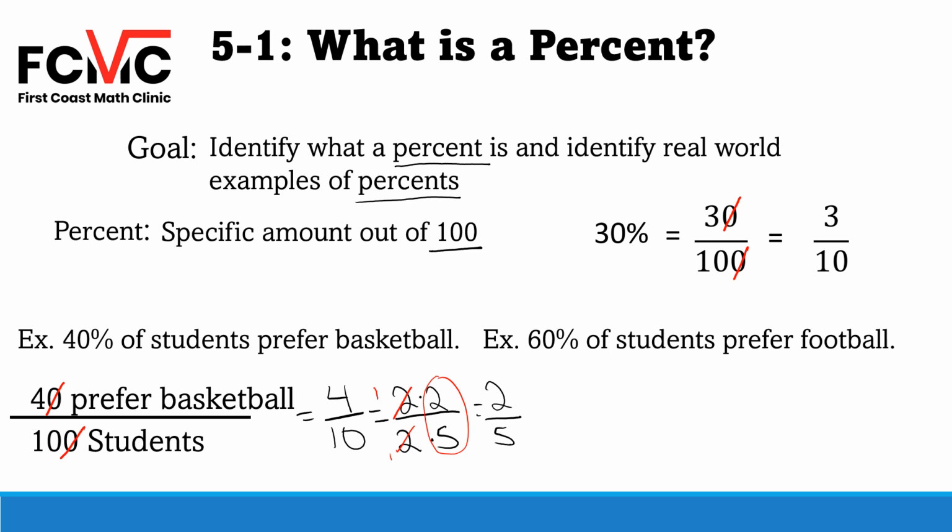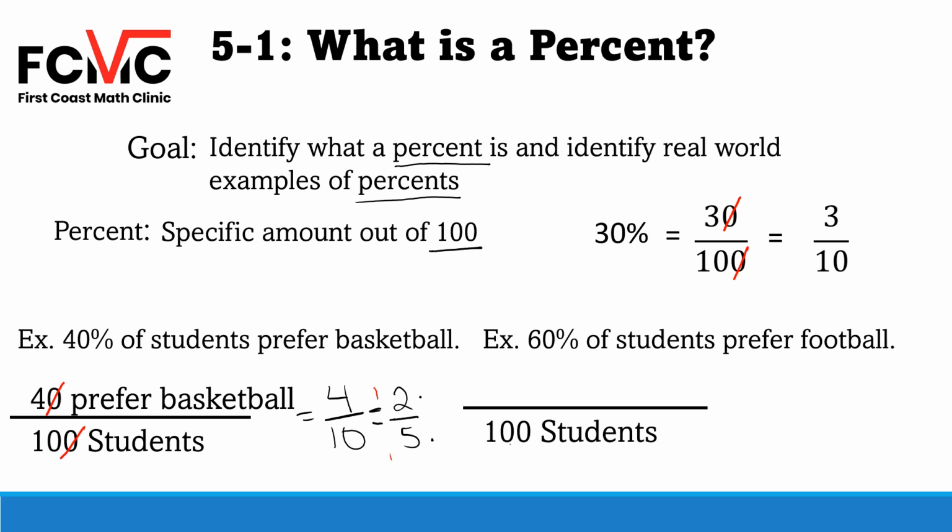And what if we have the example 60% of students prefer football? Let me clean this up a little bit. So we knew this reduced to 2 out of 5. So again, that would mean 100 students, and out of 100 students, 60 preferred football. So again, we could cancel out the 0 and the 0. So now we've got 6 out of 10.